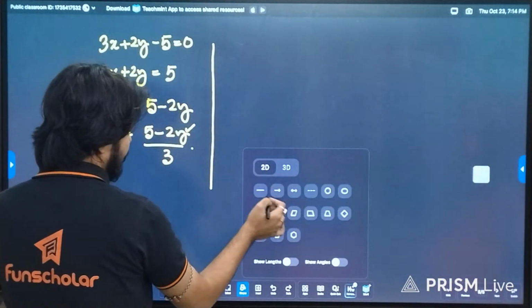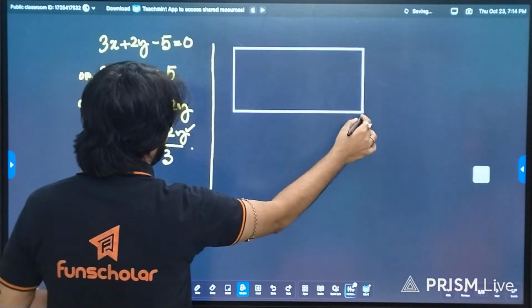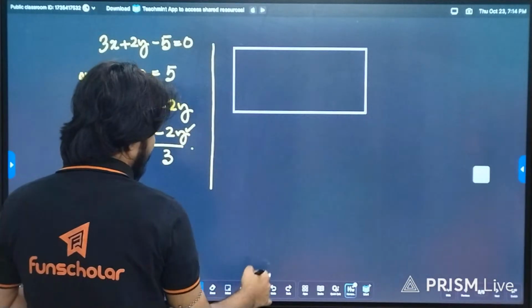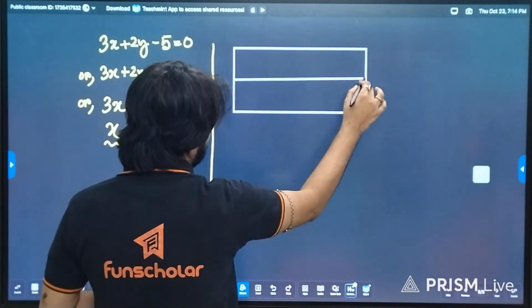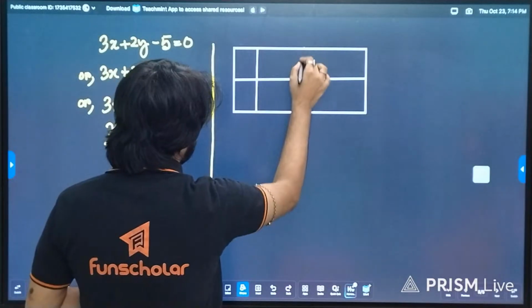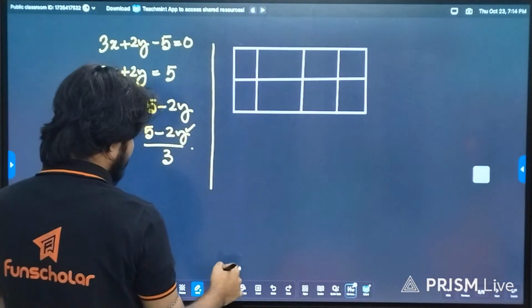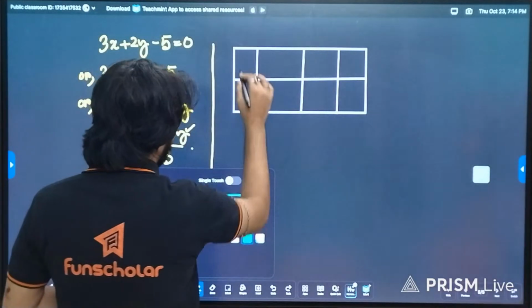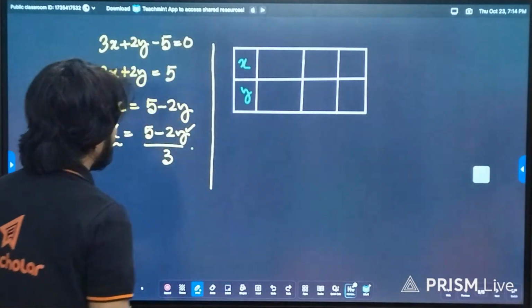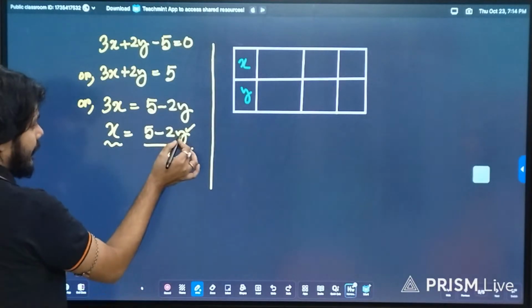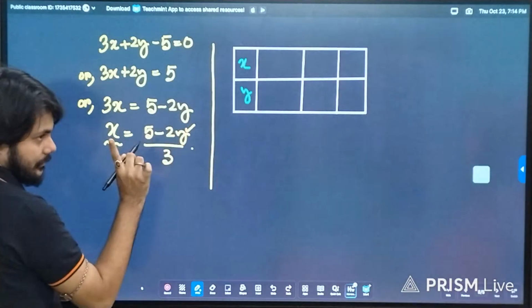Make the chart, draw the lines, x and y. Suppose you are taking the value of y as 1.